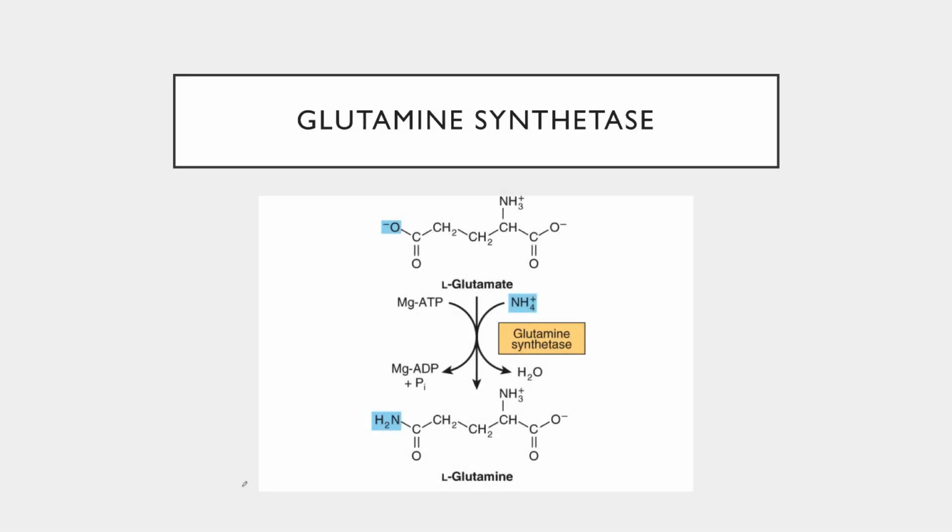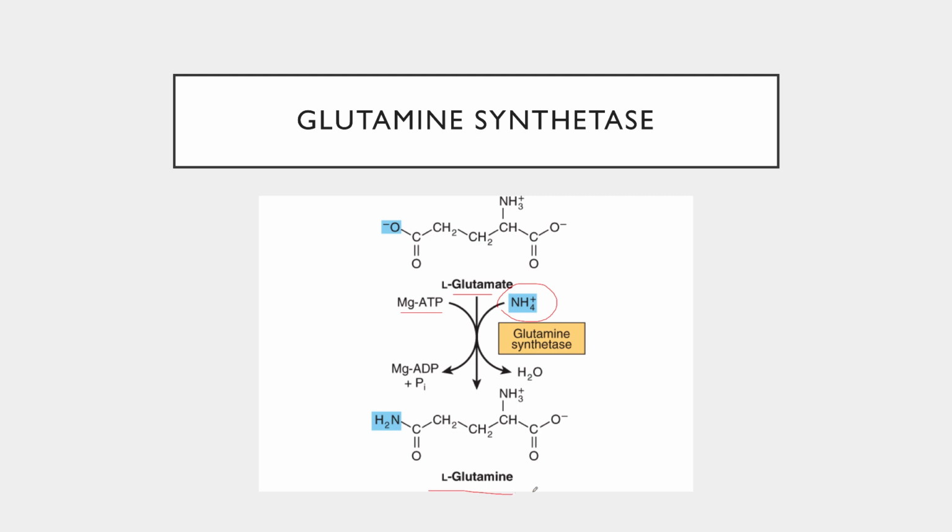In peripheral tissues, glutamate generated from transamination can be used to fix an additional ammonia. And this reaction is catalyzed by glutamine synthetase. So you can see here that our amino acid glutamate is fixed through a reaction that requires ATP with an ammonium to generate glutamine.